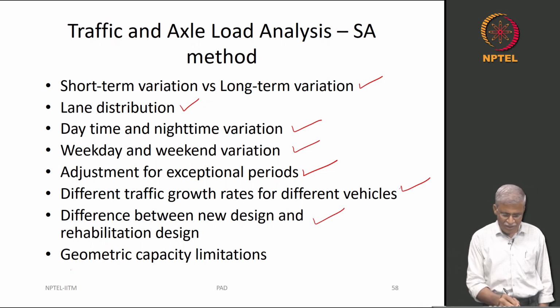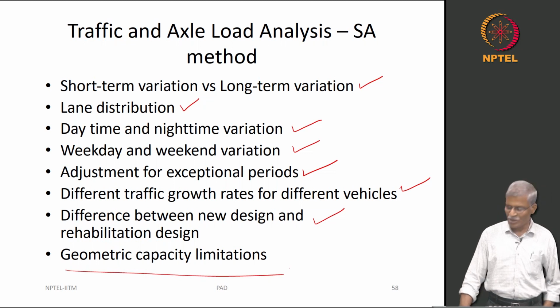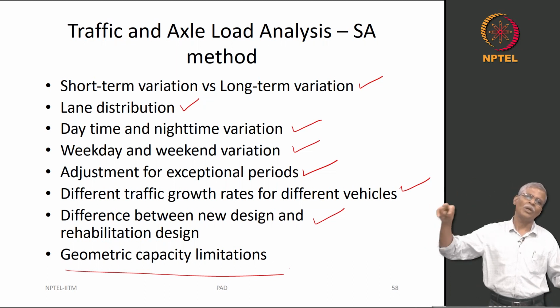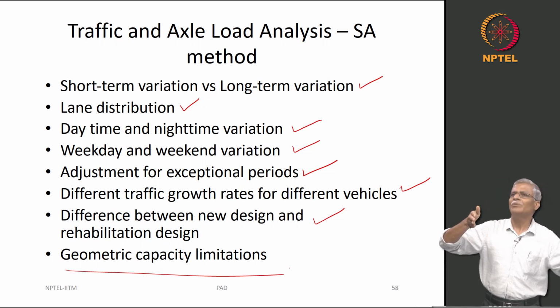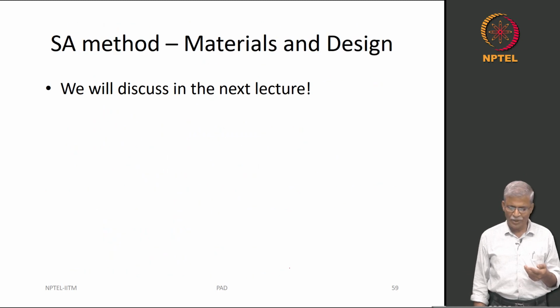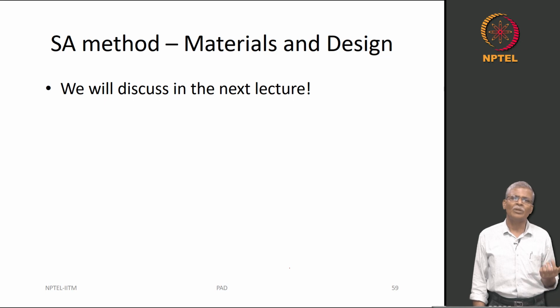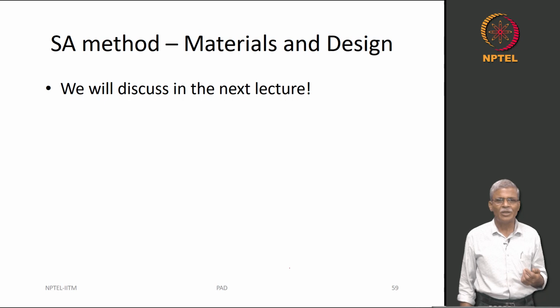And finally, what is interesting is the geometric capacity limitations, and this is where you now link between a 2-lane, 2-way, 3-lane, 4-lane, 6-lane roads, what exactly is the capacity that we have and whether we are able to match those capacity. So, in the next lecture what we will do, we will talk about the various materials as well as the design methods. Thank you so much.